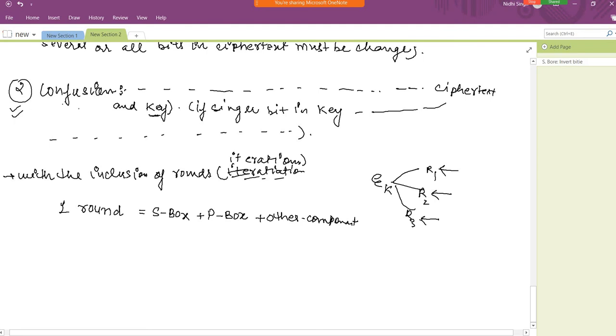So one key generator algorithm is utilized by the block cipher to generate a different key for each round: a different key for round 1, round 2, round 3. These keys are generated from the key generator algorithm, KGA.